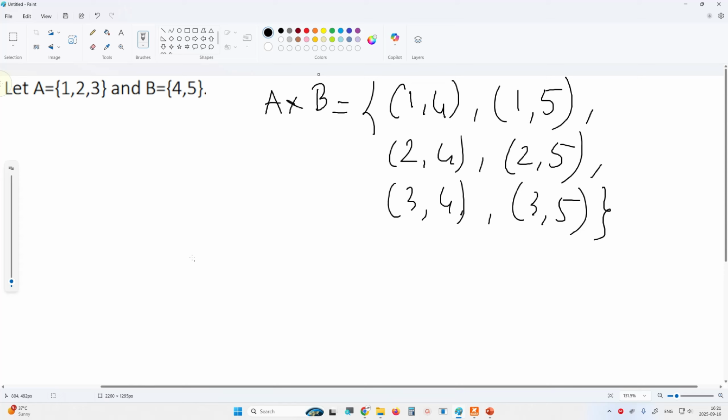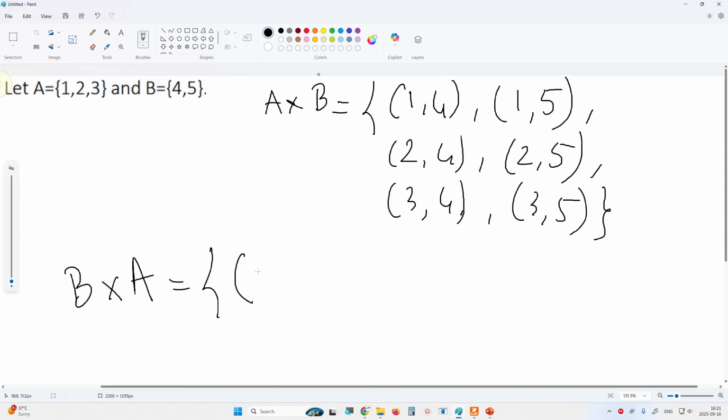Now let me tell you something. How about the Cartesian product of B and A? Is it going to be the same? Well, no, obviously, because now I take the first element from B and associate it to each one of the elements of A. Because this is an ordered pair, the order matters.